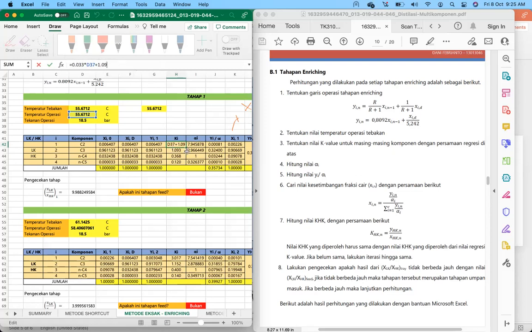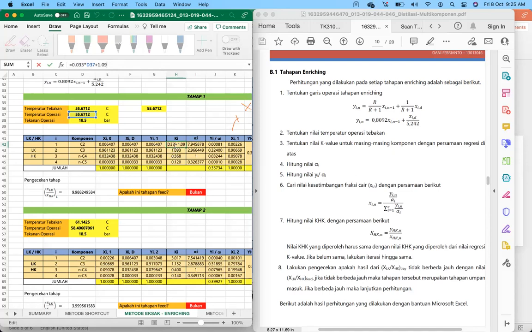So find the K of component 1 at the guessing temperature. Jadi buat K pada komponen 1 misalnya pada temperatur tebakan. The first initial.